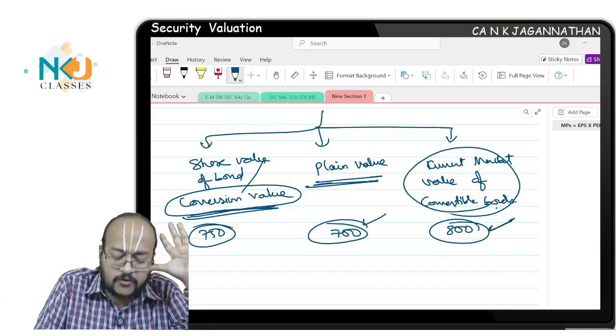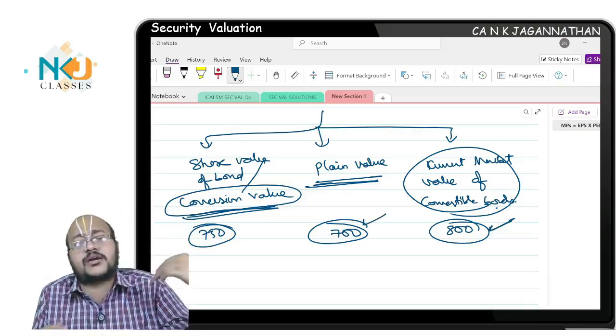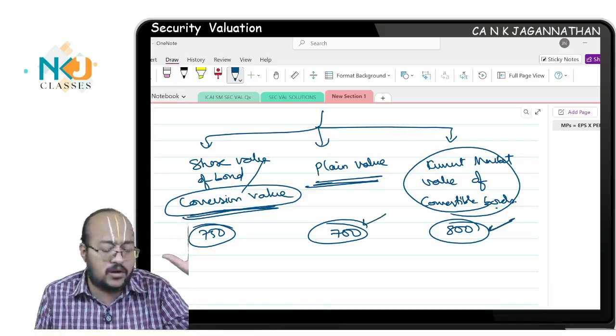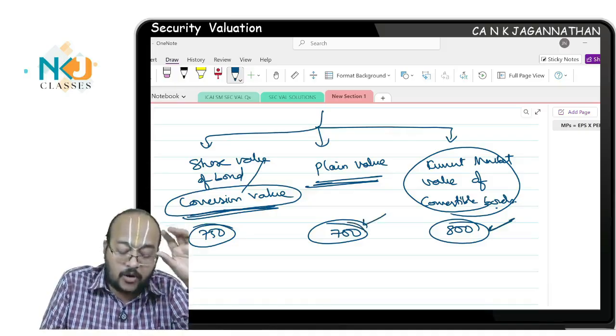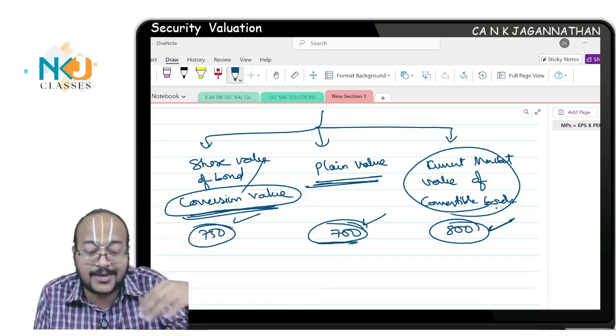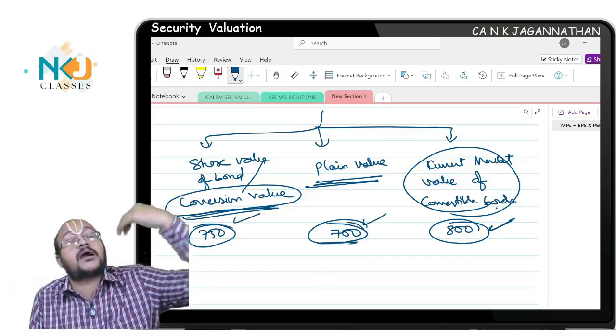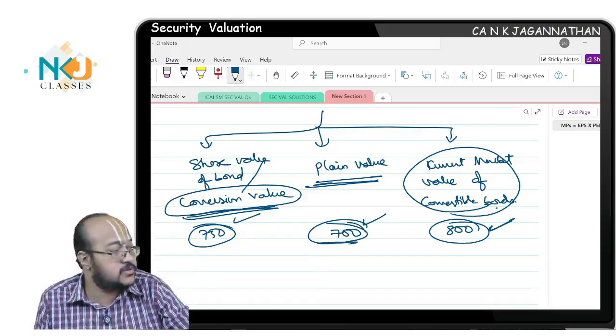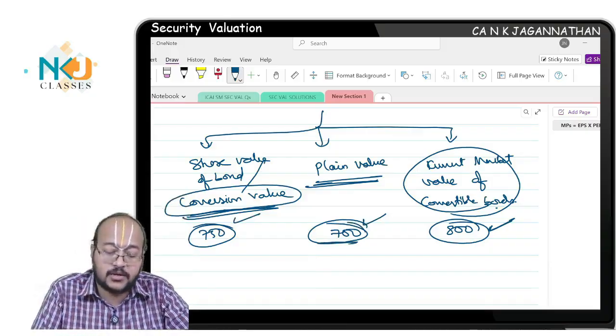Plain value of the bond, which means the bond without any conversion option, a simple bond, will have a lesser value. But the stock value of the bond will be higher than the plain value, though not higher than the convertible bond's price.